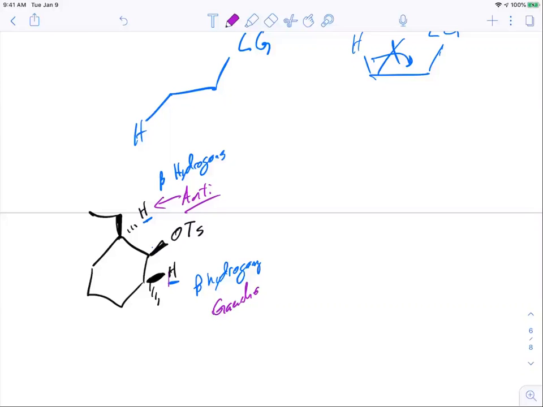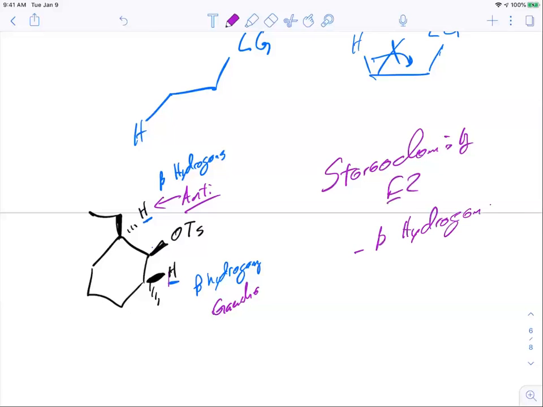Okay. So the stereochemistry of an E2 is the beta hydrogen must be able to form an anti-periplanar arrangement.